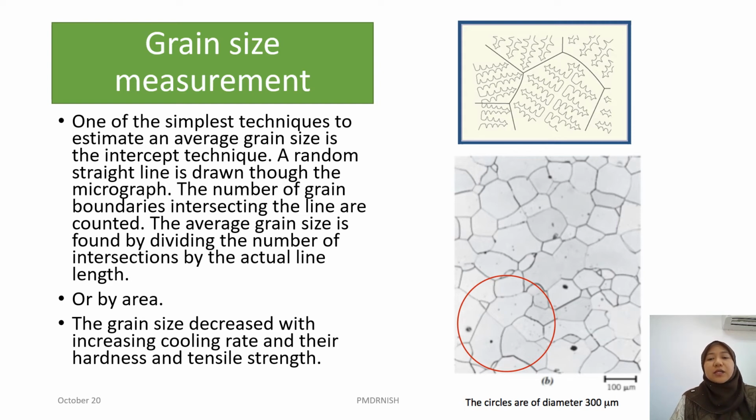The bigger the area, it normally relates to less hardness and less strength of the weldment. The smaller the area, normally it gives an idea of higher hardness and more strength of the weldment. So the grain size decreases with increasing cooling rate, and the hardness and tensile strength will also increase.